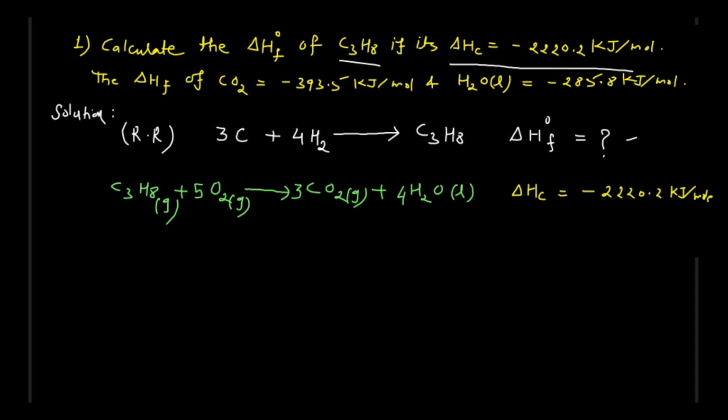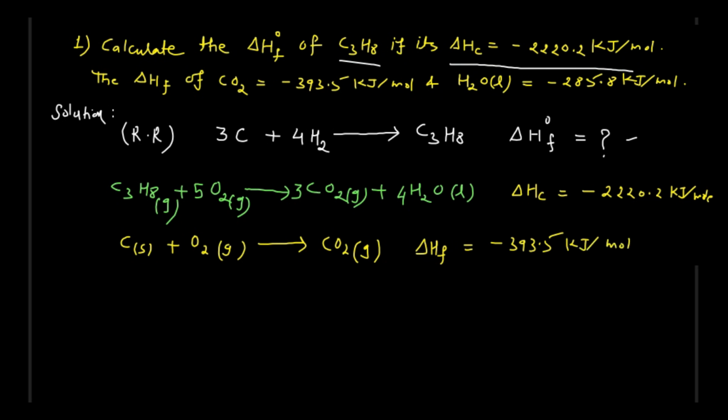Carbon in the solid state, oxygen O2 in the gaseous phase, will produce carbon dioxide in the gaseous phase, and for this your delta HF is given, and the value is negative 393.5, again kilojoule per mole.